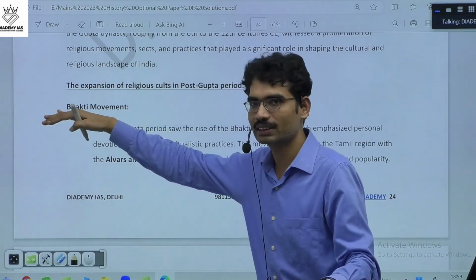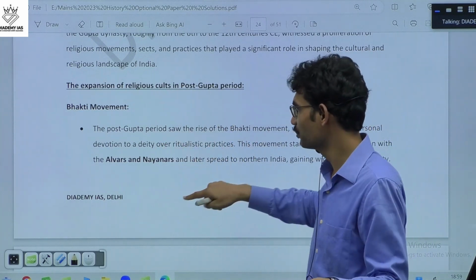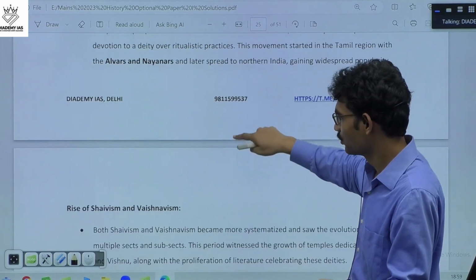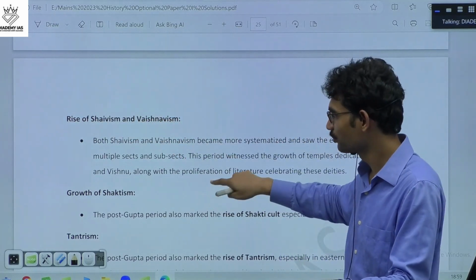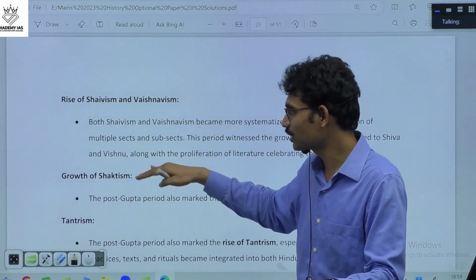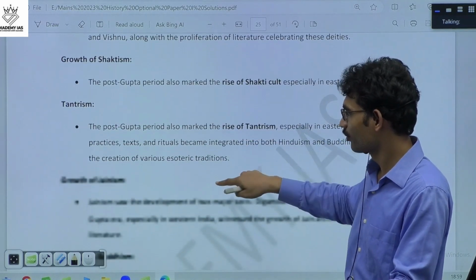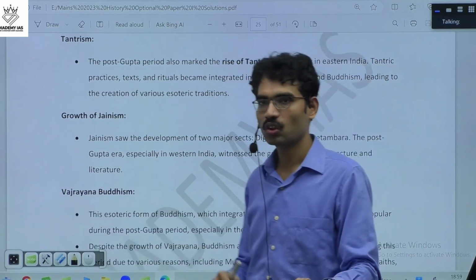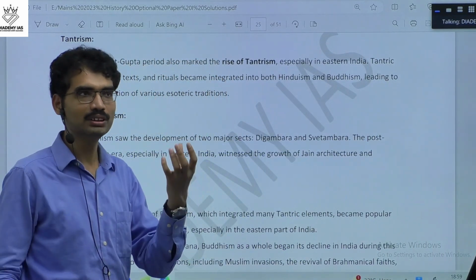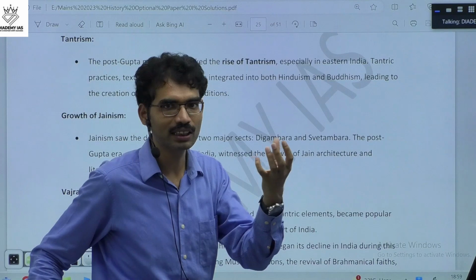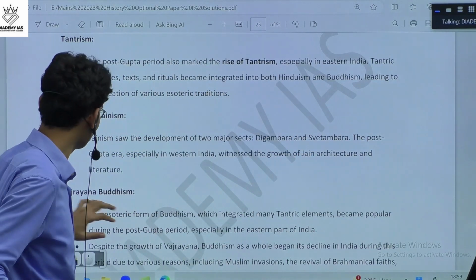So different religious cults. Bhakti movement, Alvars and Nayanars, that is one type. Second, the rise of Shaivism and Vaishnavism, growth of Shaktiism, then Tantricism, then growth of Jainism, particularly in Western India. Jaina temples were also constructed, like Dilwara temples in Mount Abu in the early medieval time period.